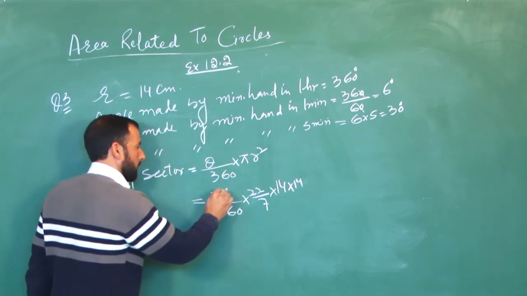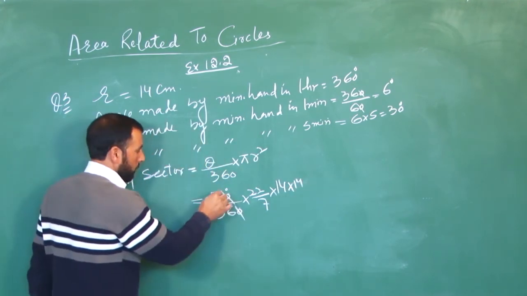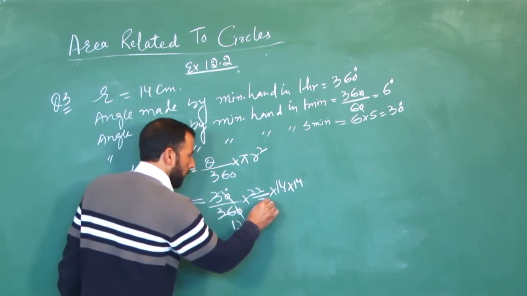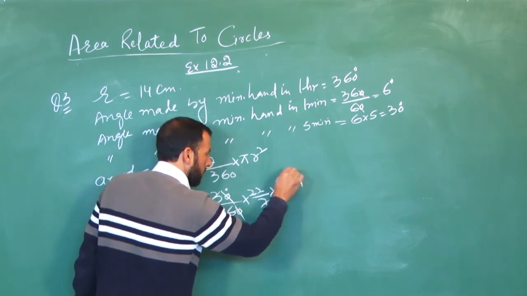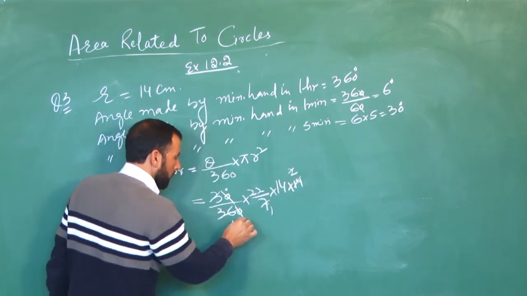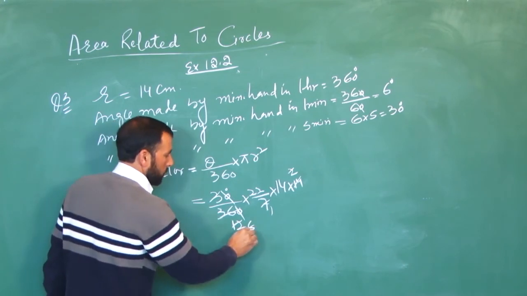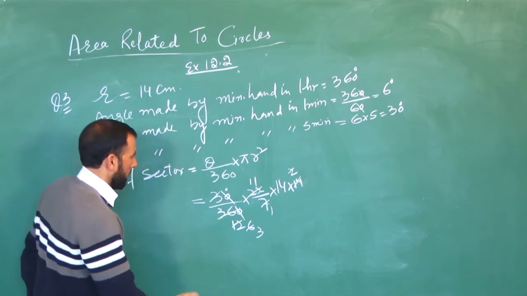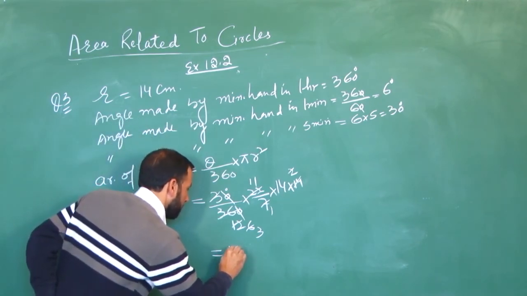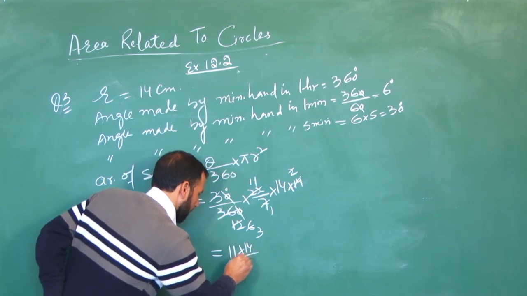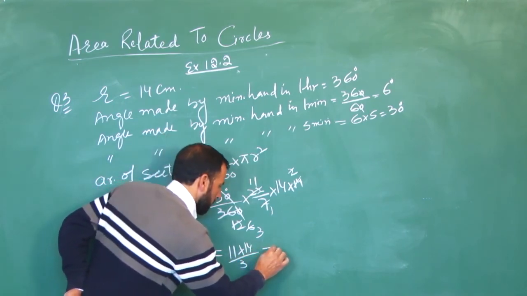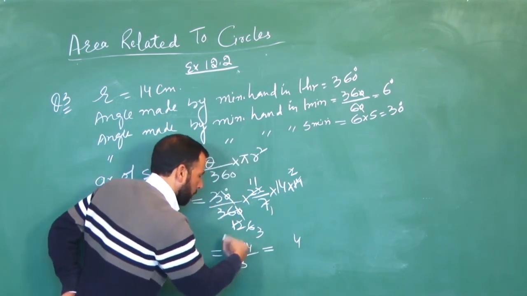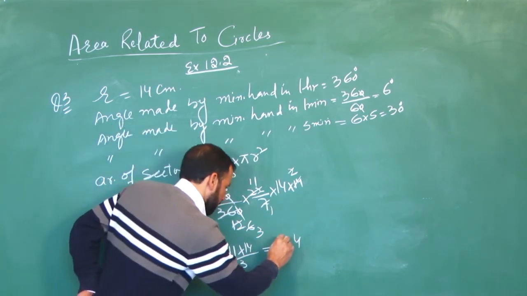Then cancel these things: 0 and 0 cancel, 3 1s are 3, 3 12s are 36. Then 7 1s are 7, 7 2s are 14. Then again 2 1s are 2, 2 6s are 12. Then again 2 3s are 6, 2 11s are 22. So we have 11 into 14 divided by 3. When you multiply, you get 14 into 11, it is 14 into 1, 14, 14 into 1, 14, plus 1 is 15.